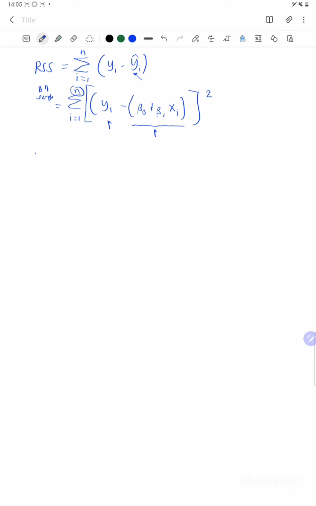Now this is your final function, theta 0, theta 1, and let's remove this value here. We just want to simplify this one. Minus theta 0 plus theta 1 xi, squared. And we know this is our function.